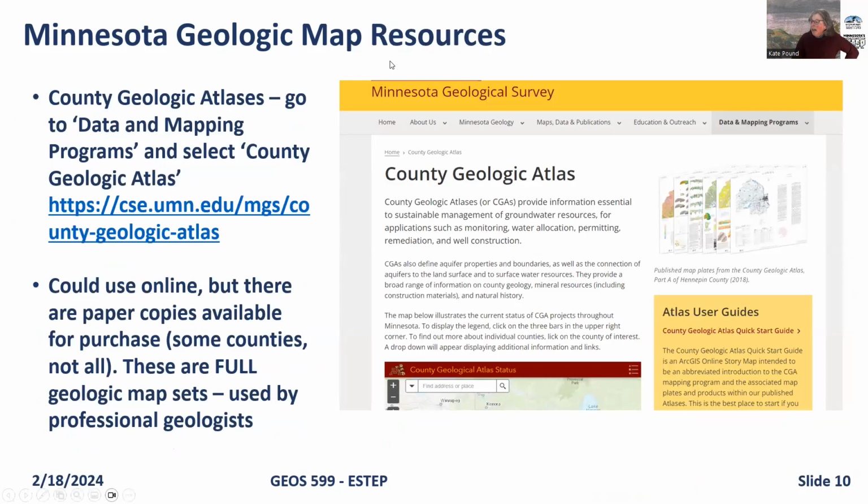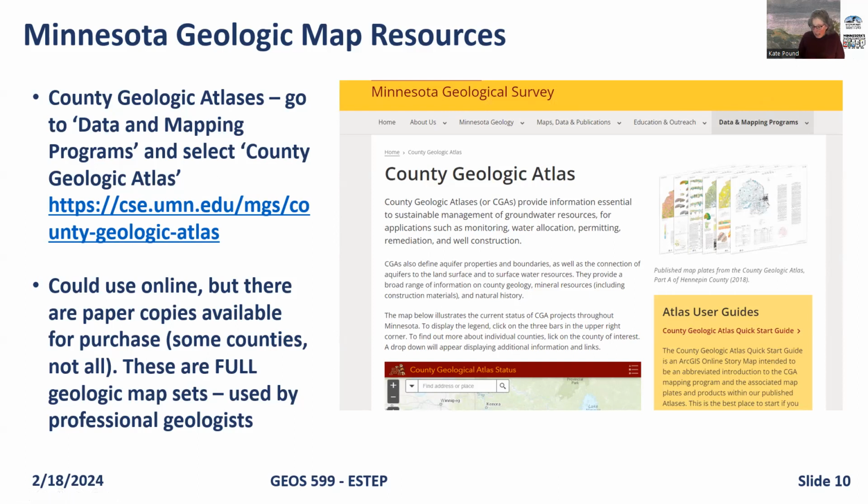So another really valuable resource is the Minnesota Geological Survey County Geologic Atlases. To find out about these, go to Data, Mapping and Programs on the Minnesota Geological Survey website and select County Geologic Atlas, and you'll get to this page. And this tells you all about the County Geologic Atlases.